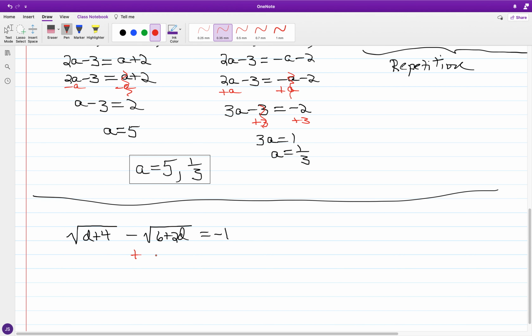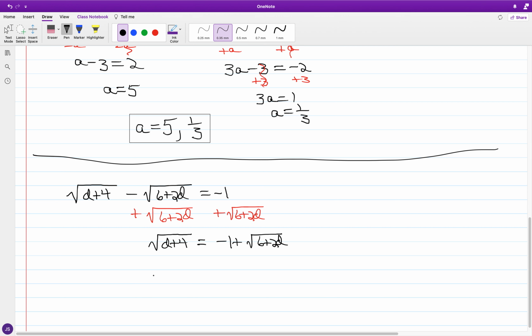So I'm going to add the square root of 6 plus 2d to both sides. And at this stage, we have the square root of d plus 4 by itself, equal to negative 1 plus the square root of 6 plus 2d. Now I'm going to free up d plus 4 from the square root by taking the square of both sides.